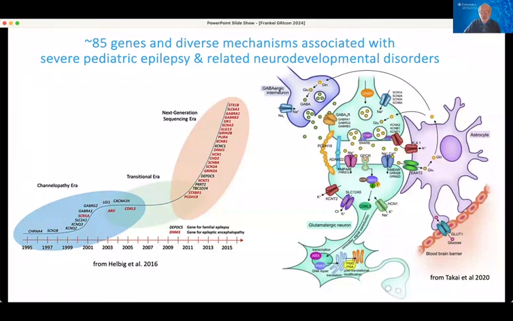The proteins made by these genes are involved in many molecular and physiological mechanisms, not just channels and receptors, but signaling proteins like CDKL5, transporters, even non-neuronal genes, synaptic proteins, and other things.